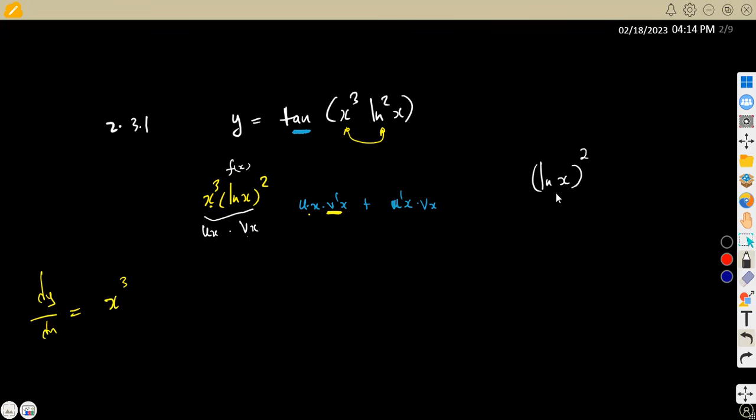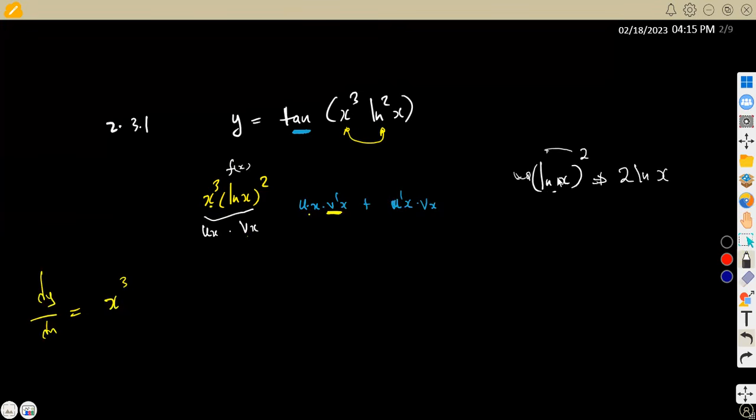So how are you going to find the derivative of ln squared x? It's back to a function of a function again, where we let this be a function. We find the derivative of the power as it is here, which is going to be 2 ln of x, by working with the exponent.